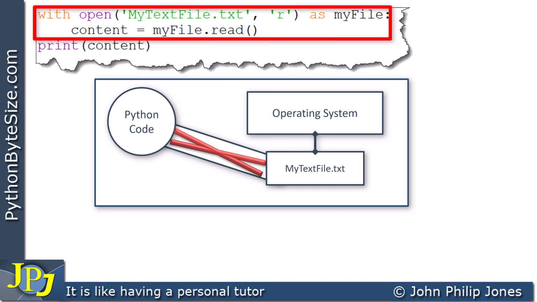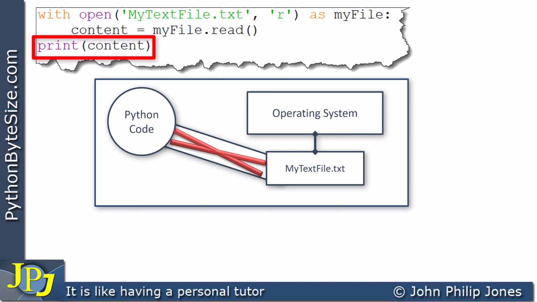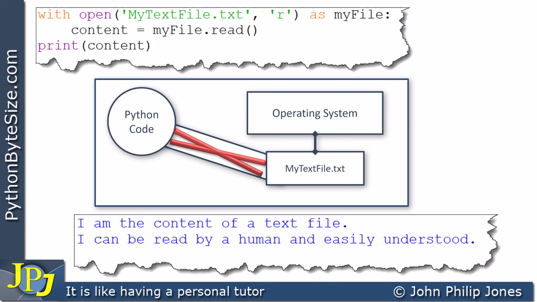So when we actually get to this line, the stream and the resources will no longer be available. This program statement is then executed, and let me remind you, this statement is not part of the with statement. It comes immediately after. What this statement will do, it'll print what was read in from the text file, and what you will see displayed on the visual display unit is coming into view.